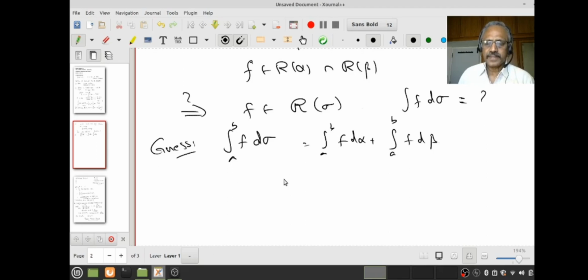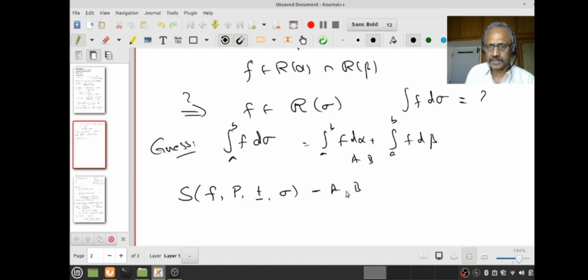So what is the natural thing? Riemann approach, right? And what would I look at? S(f, p, t, sigma), and how is it related to a minus b? Let me again call these integrals a and b. I want to estimate S(f, p, t, sigma) minus (a plus b), right? But what do I know how to estimate?